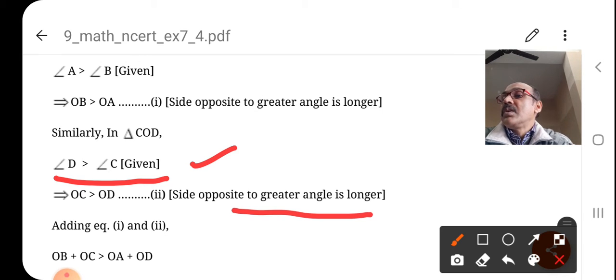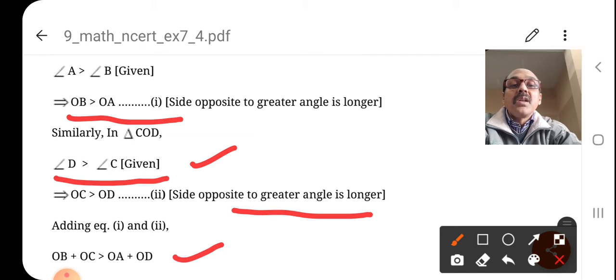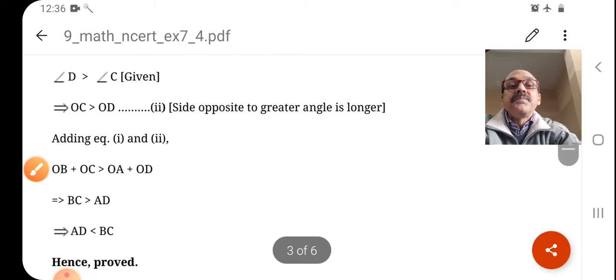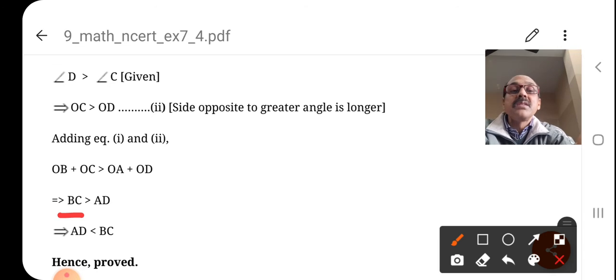Now adding 1 and 2, we get OB plus OC greater than OA plus OD. OB plus OC is BC and OA plus OD is AD.